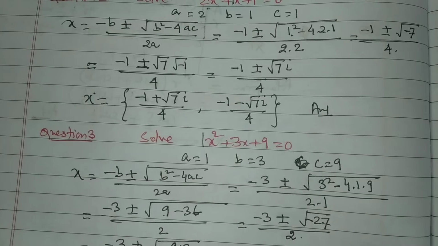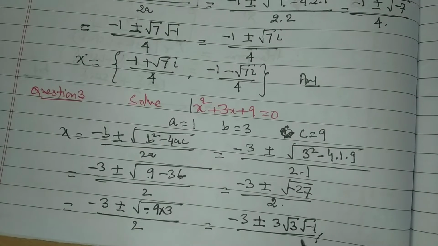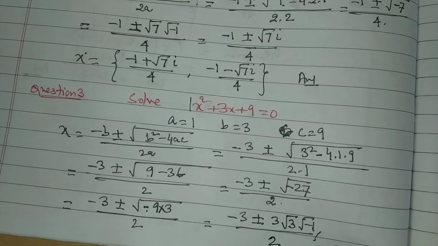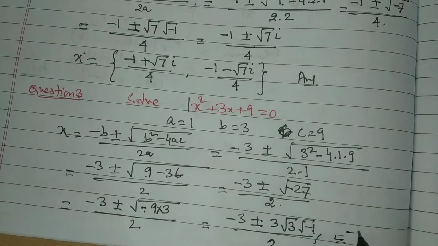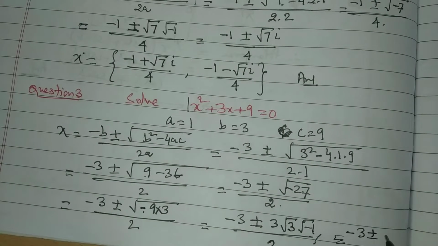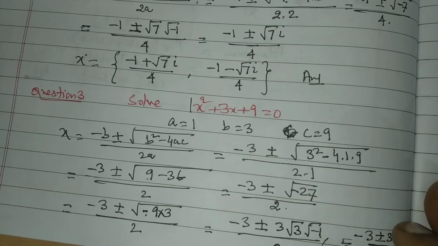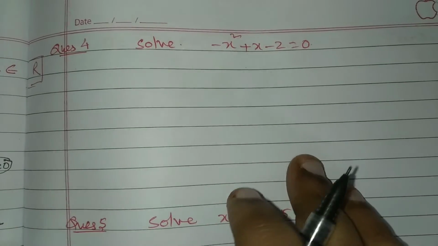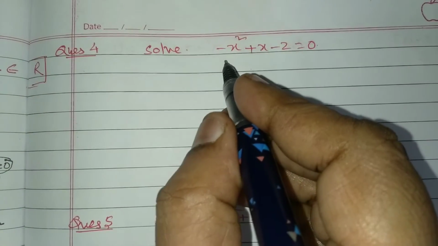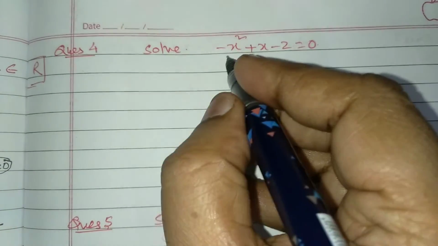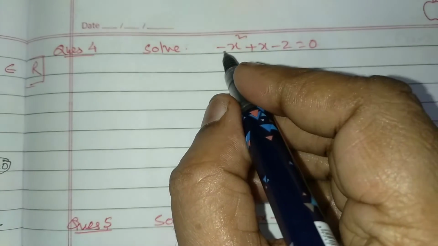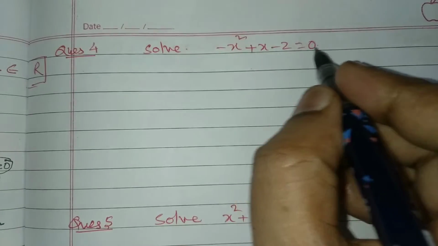So divided by 2, it is equal to minus 3 plus minus 3 root 3 iota divided by 2. So it has two solutions again. Now we are coming to the next question, question number 4. Here the quadratic equation given is minus x square plus x minus 2 is equal to 0.